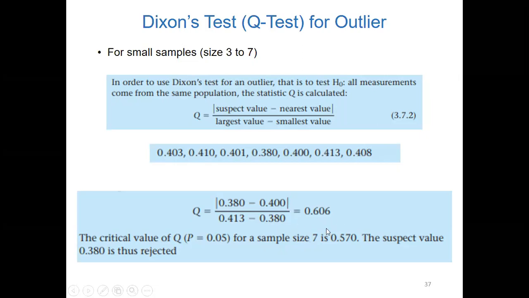Therefore, the calculated Q is higher than the critical value. When the calculated Q is higher than the critical value, we reject the null hypothesis. So the suspect value 0.380 is thus rejected. So again, from the Q test also, we got the same answer. This 0.380 should be rejected.